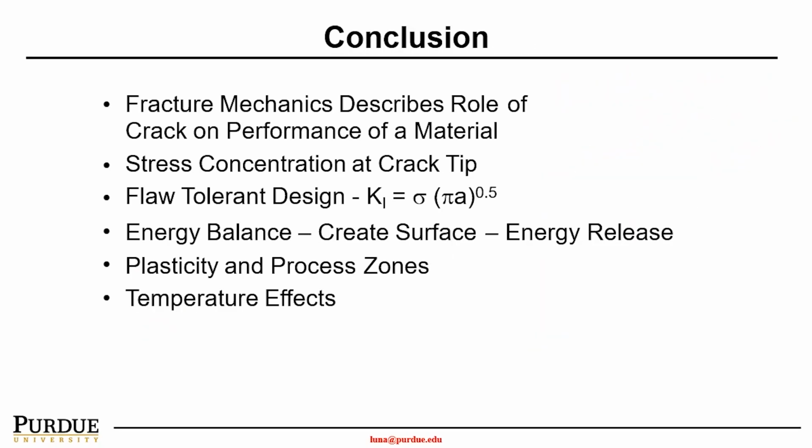So in conclusion, in this lecture, we have discussed a lot of concepts. We have talked about fracture mechanics, and we described the role of the crack on performance of the material. We have talked about stress concentration factor at the crack tip, and then we discussed a flaw tolerance design, K1C, which is a stress intensity factor that equals sigma C, the critical stress, times pi times the half of the crack length, square root, times F, the geometry factor.